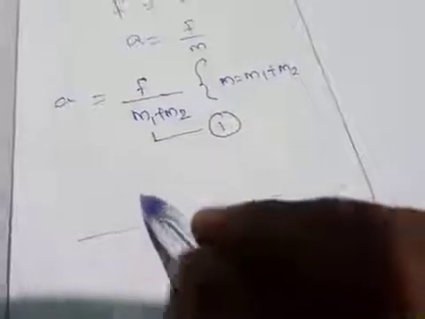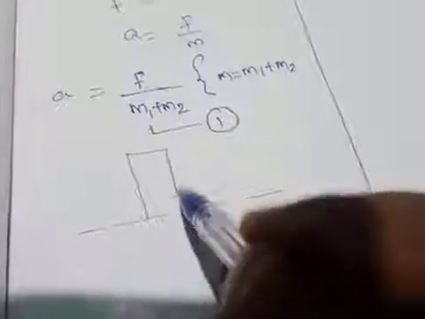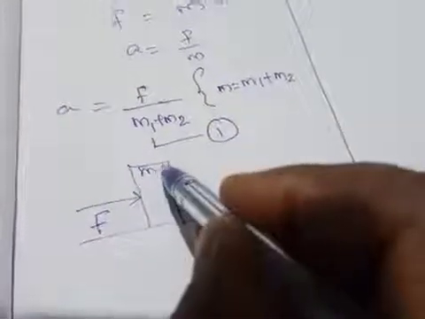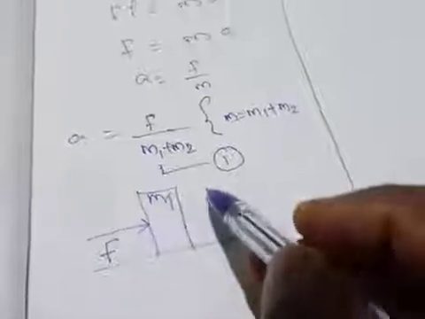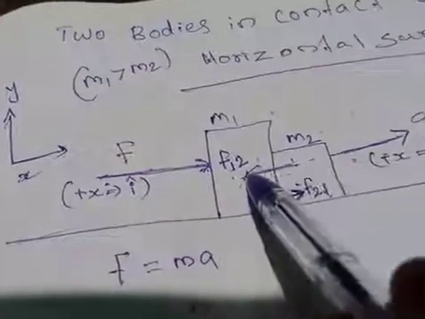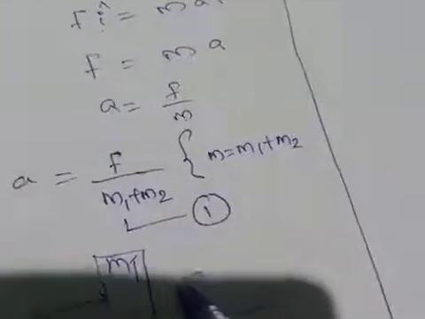You see, this is a horizontal surface, and this is mass m1, and here I am applying the force capital F on m1. The force direction is this, and F12 is in this direction.